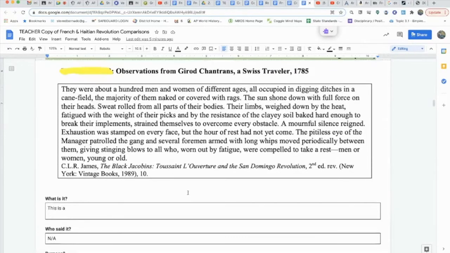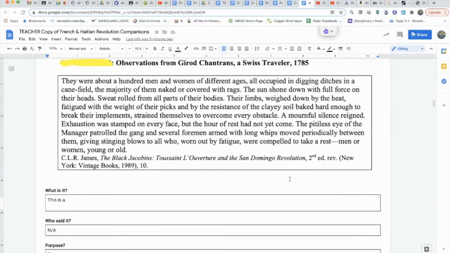All right, are we ready? All right, what is it? All right, C.L.R. James, The Black Jacobins, Toussaint Louverture and the San Domingo Revolution, 2nd edition, New York.